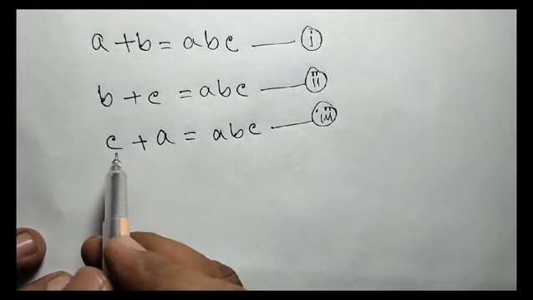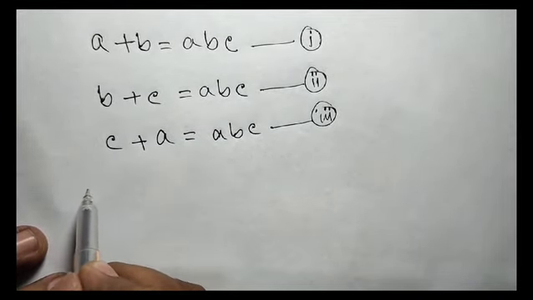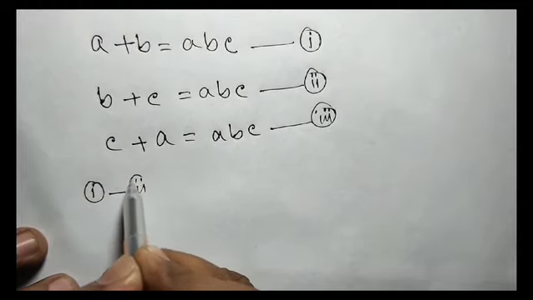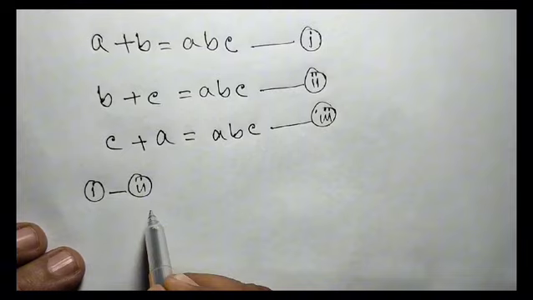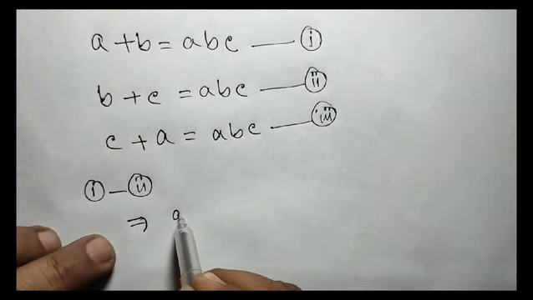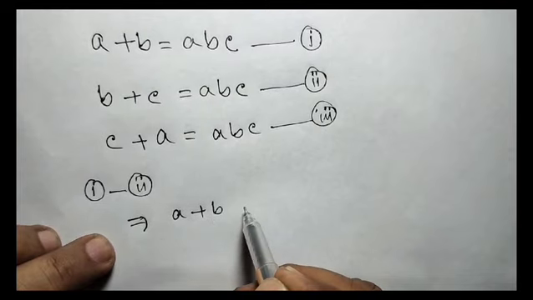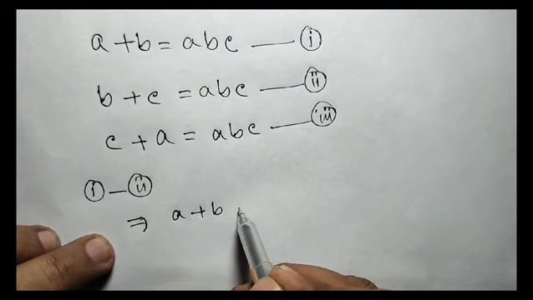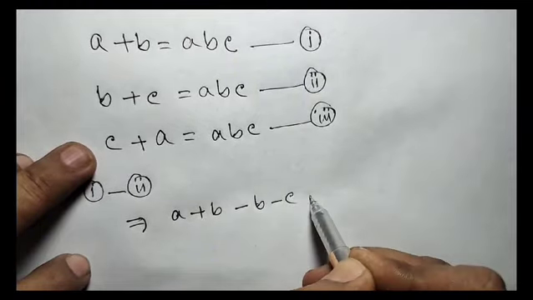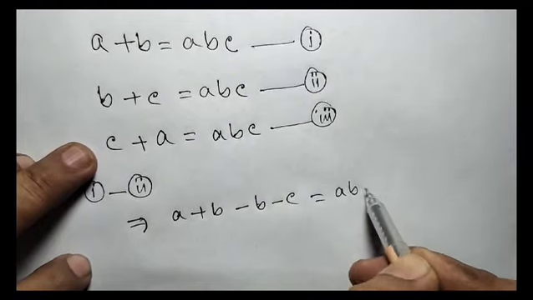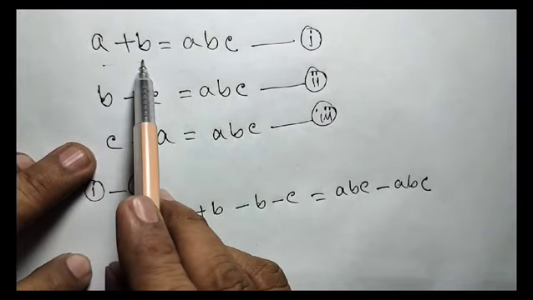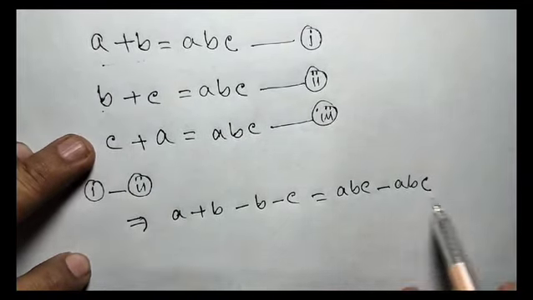If we subtract equation number 2 from equation number 1, then we find that a plus b minus b minus c equals abc minus abc.